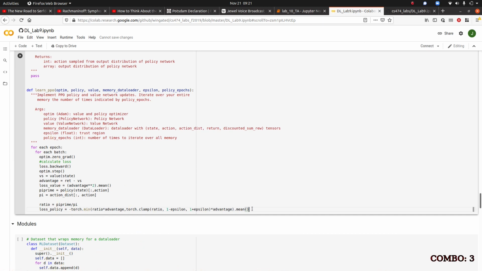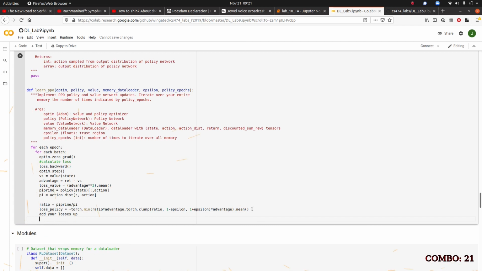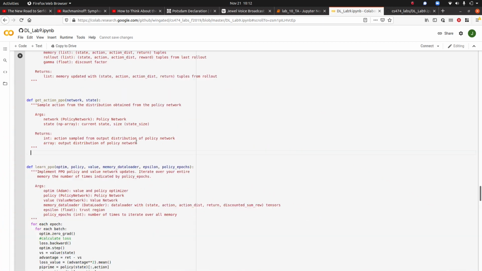So you add your losses up, and you call loss.backward, and optim.step. Okay, so get_action_PPO, we need to get our action distribution. That comes from the network working on the state.